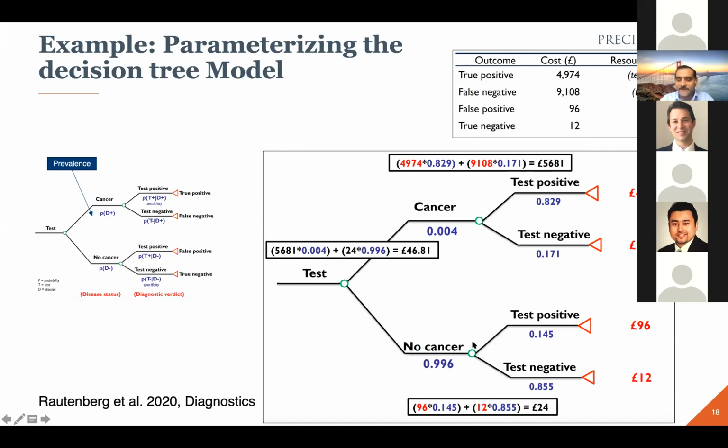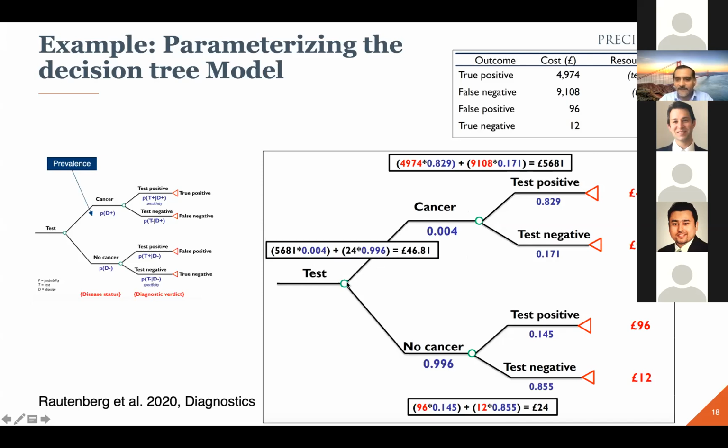This is an average cost. Suppose I forget about this arm, then the average cost is 24, and I put it as a terminal node with 24 cost. So the expected value will be 5681 times 0.04 plus 24 times 0.96, which gives you the result.